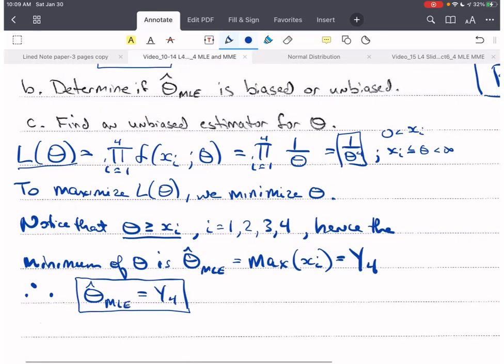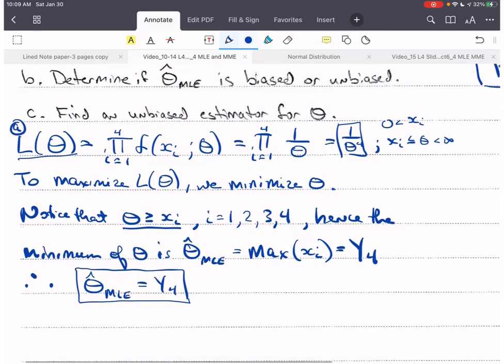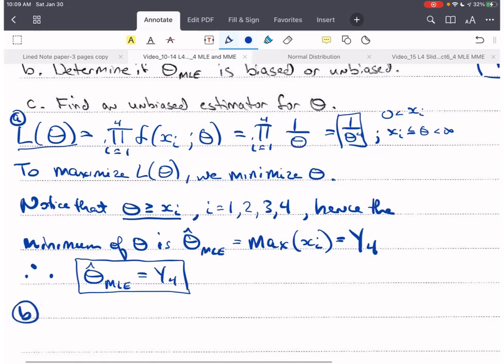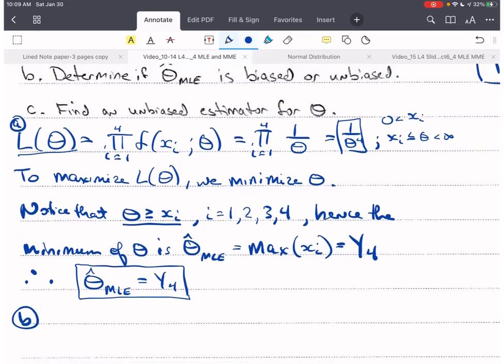So that was A. B, determine if theta hat MLE is biased or unbiased.